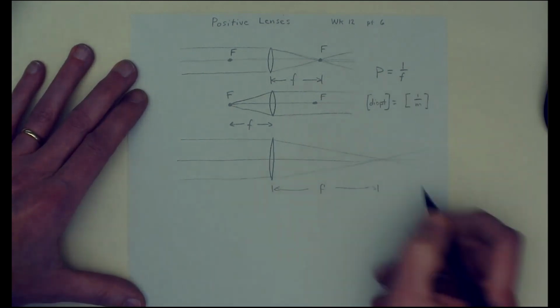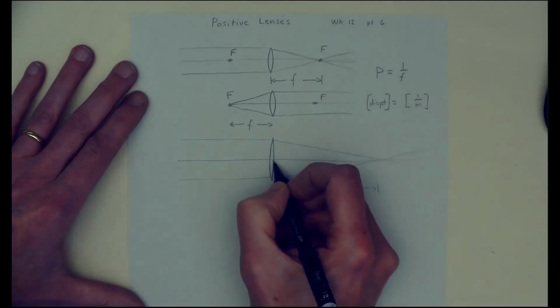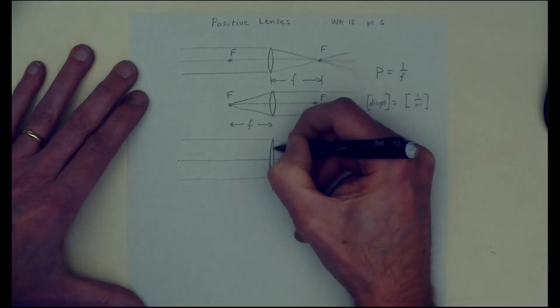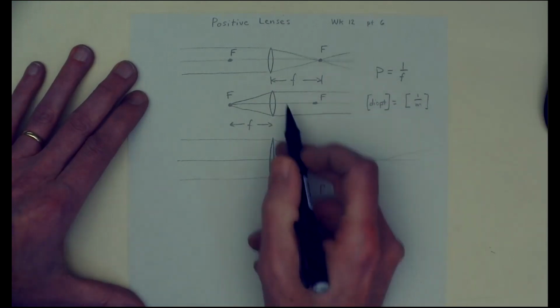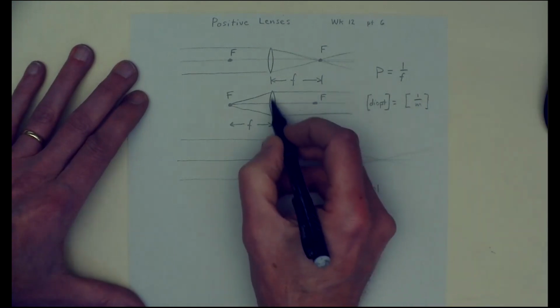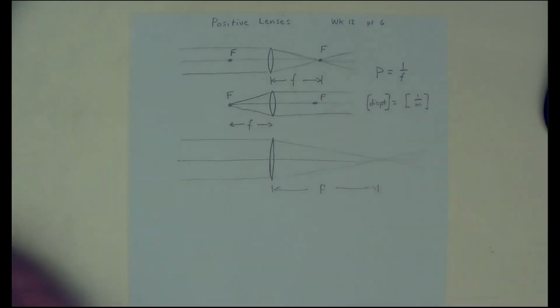So this would be a longer focal length, a lower power, and the lens would be less strongly curved. To get a short focal length, you have to have a real fat lens in the middle and real thin at the edges, so it's curved very sharply to get that effect.